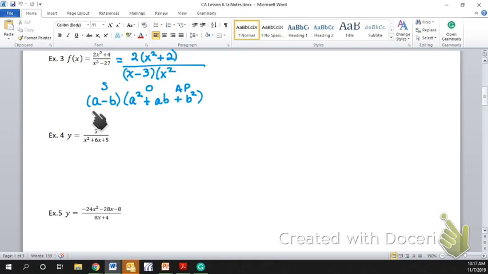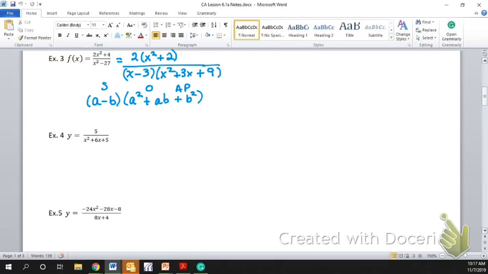I simply take A times A. Then I need to take A times B, so x times 3 is 3x. Always positive, and now I need to take B and square it. 9. So that's a 9.